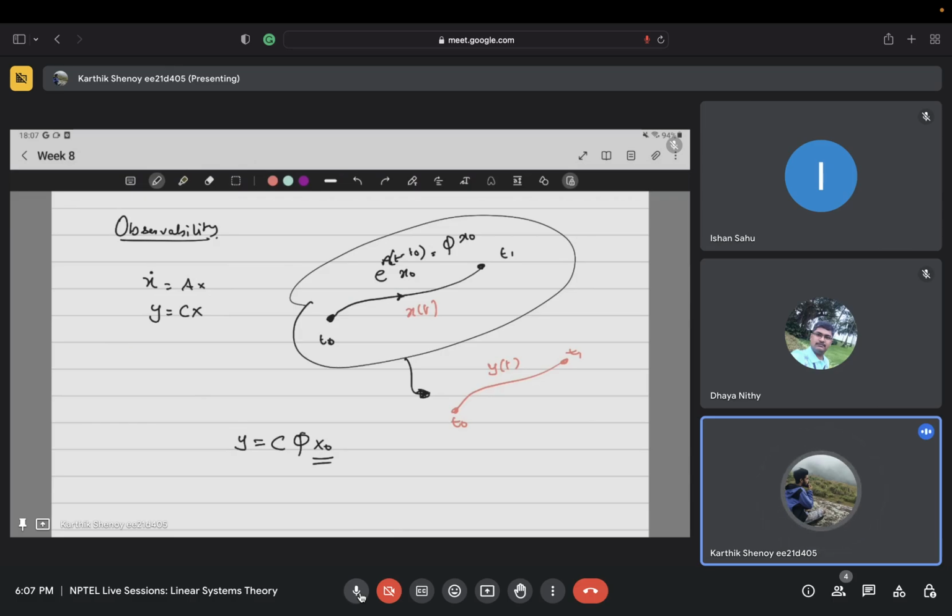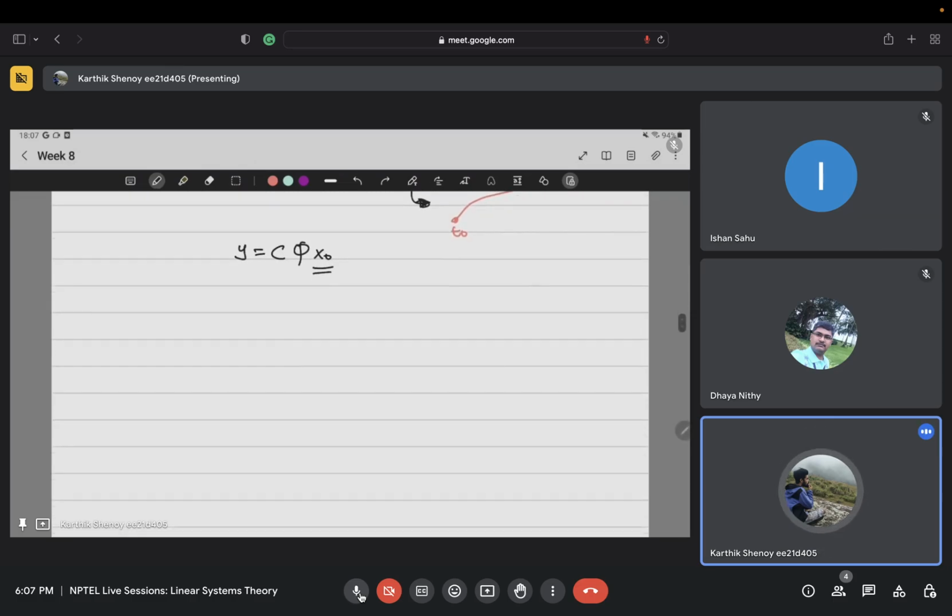Let's take an example: x dot equal to Ax and y equal to the matrix 2 0, 0 3 times x, where x belongs to R2.